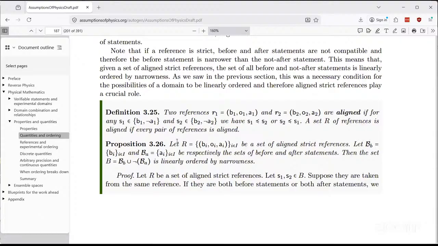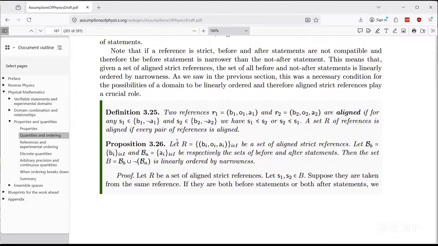Let B be also a set of before relations, and A be a set of after relations, with the same kind of indexing as R. Let these be respectively the sets of before and after statements.